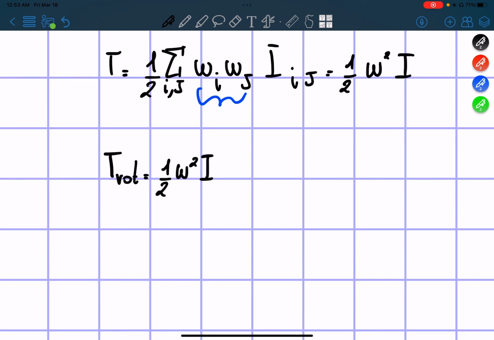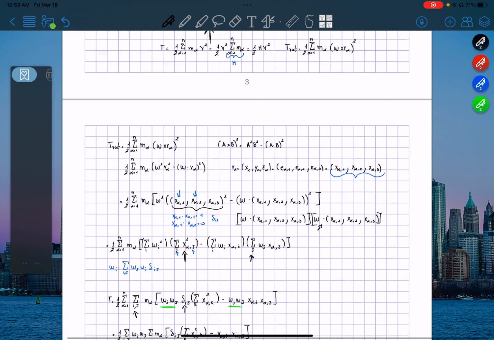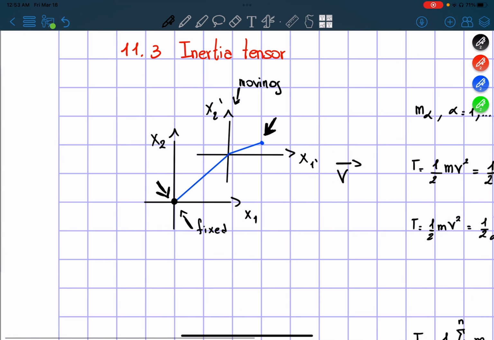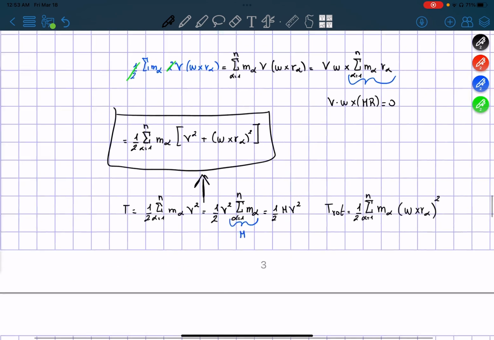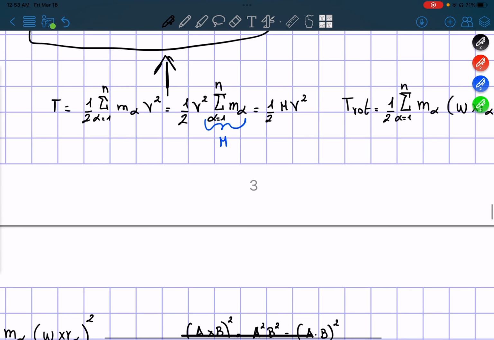It's a long way to get to this point. It's actually helpful for the future, we're gonna see in the next video, but as you can see, we started from a system with 2 reference frames, and we ended up having a very easy rotational kinetic energy.